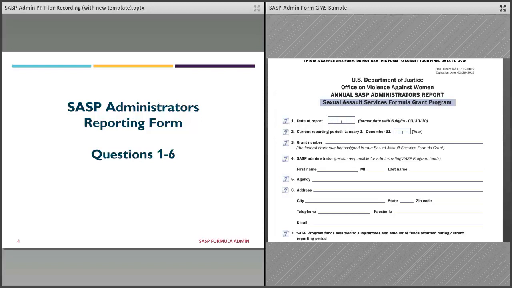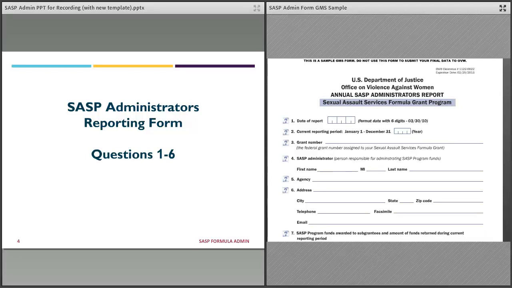On the Administrator form for the SASP Formula Program Grant, in question 1, you will put the date of the report. In question 2, you will put the reporting period year. In question 3, you will put the grant number. In question 4, you will put the SASP administrator's name.